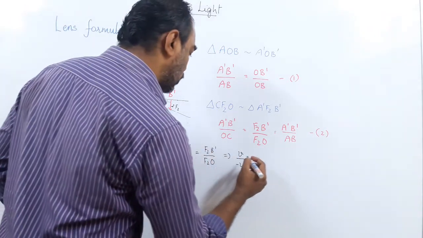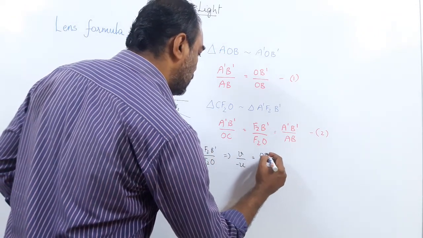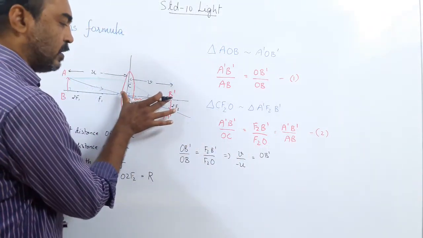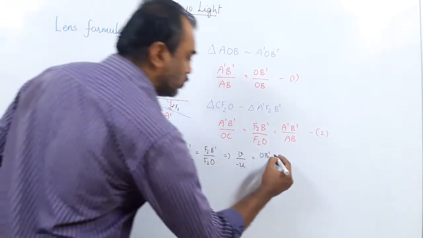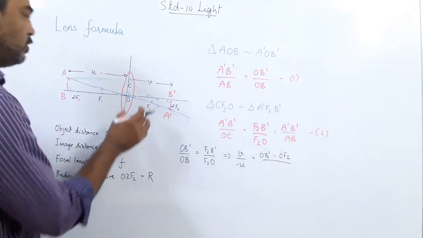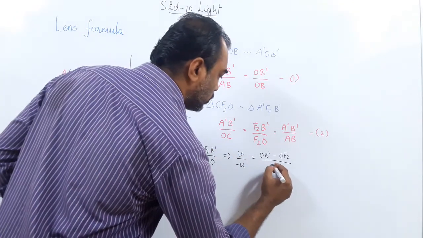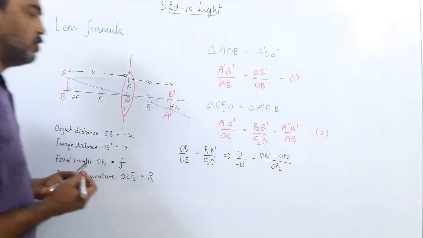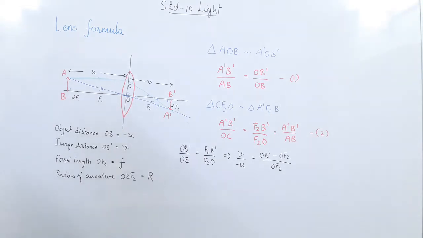So what do you write here? OB prime, the whole thing, minus OF2 upon OF2. Yes? This is what we get so far. Have you followed till here?